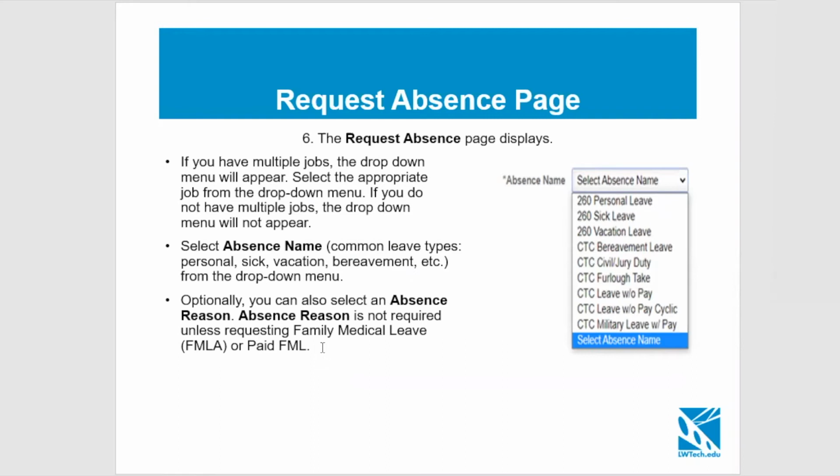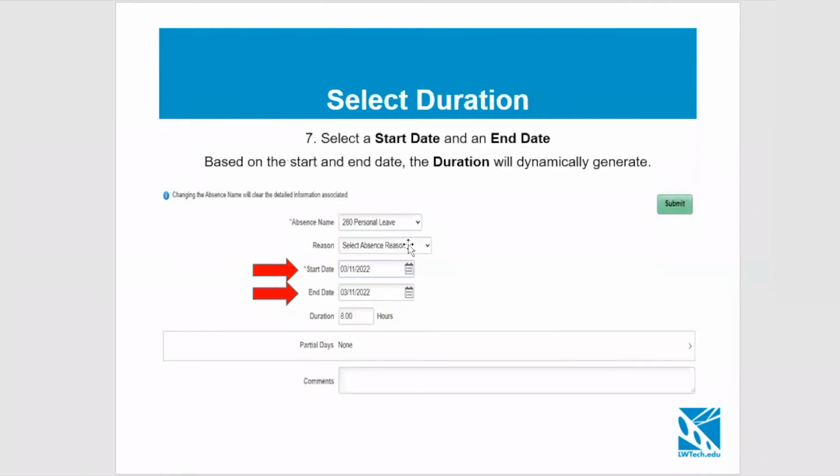That is the only time that you have to put something in that reason code, if you are on these 2 leaves. And again, this is where you can see that. If you're taking personal leave, vacation, sick leave, and you're just taking that as an employee, not on FMLA or paid FML, then you do not have to enter anything in that reason code.